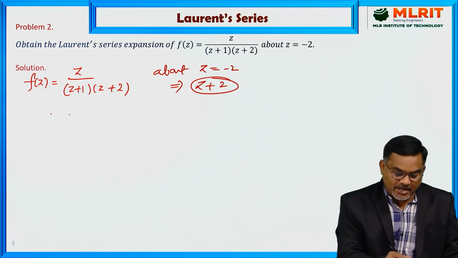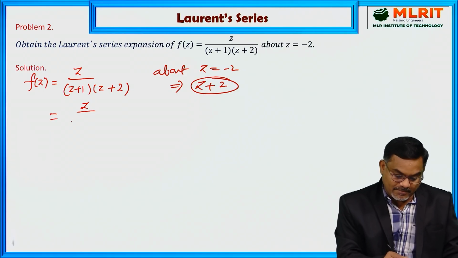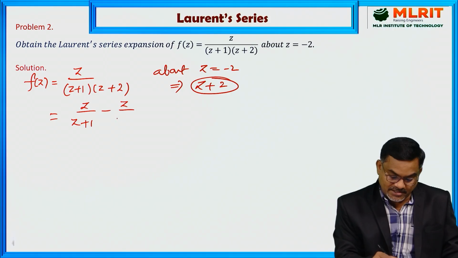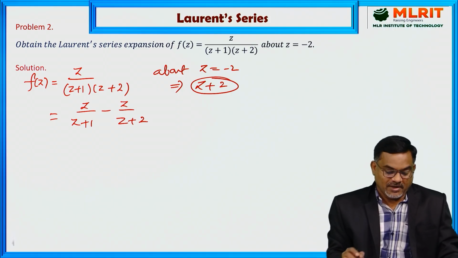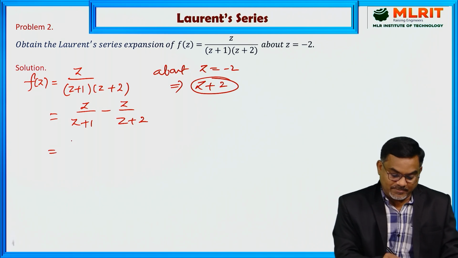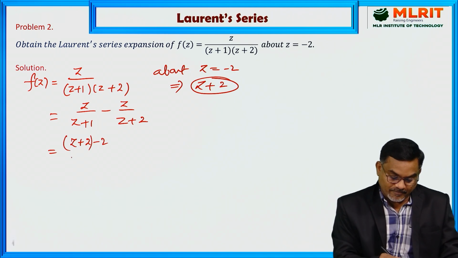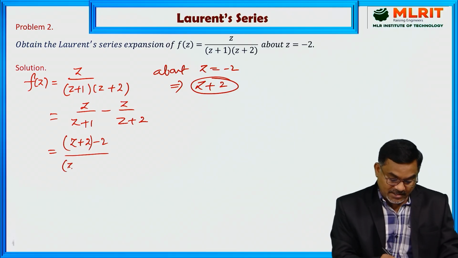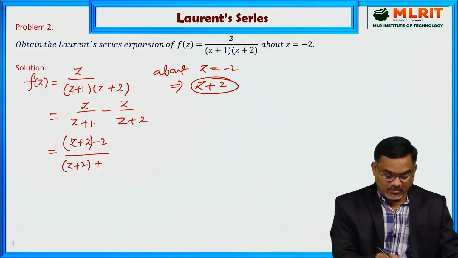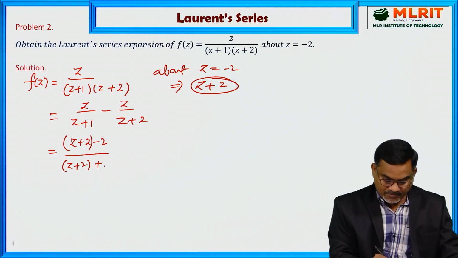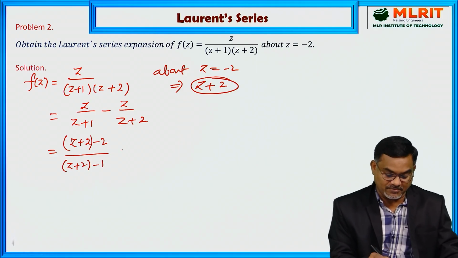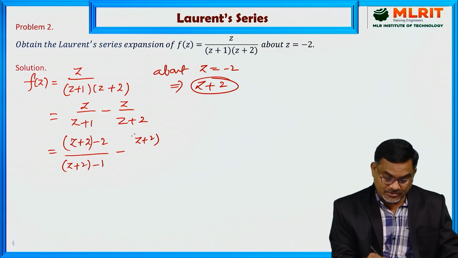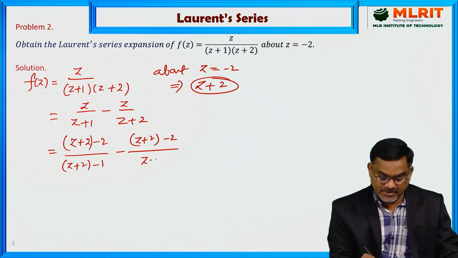By splitting into partial fractions, we get z by z plus 1 minus z by z plus 2. So, the constants will be 1 and minus 1. And now, we try to get the same term z plus 2. So, if I write z plus 2 here, minus 2, that becomes z. Similarly, z plus 2 here, but here we have 1 only. So, therefore, minus 1. Z plus 2 minus 1, which becomes z plus 1, minus z plus 2 minus 2 by z plus 2 itself.